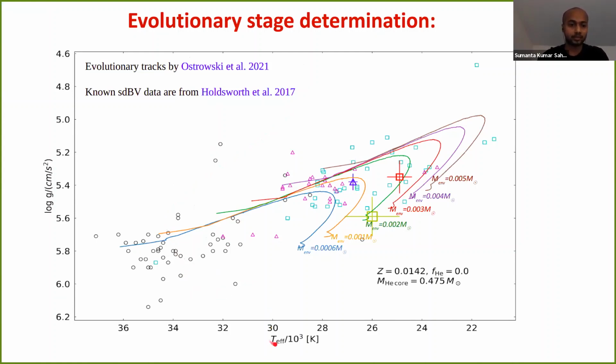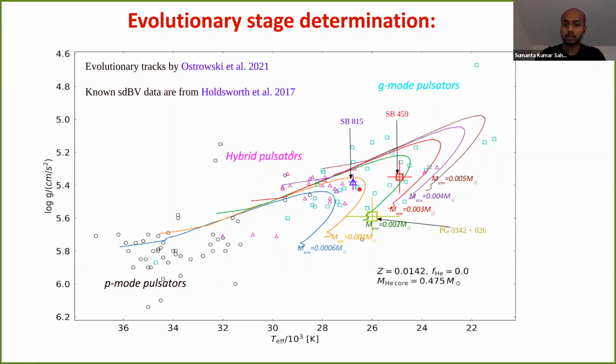We collected the effective temperature and log g parameters and plotted them with our data. As we can see, at large effective temperature and log g, all the P mode pulsators are here, at the lower end the G mode pulsators, and in between the hybrids, and our three targets are here with the error bars.